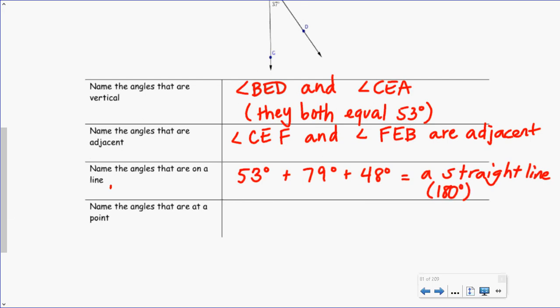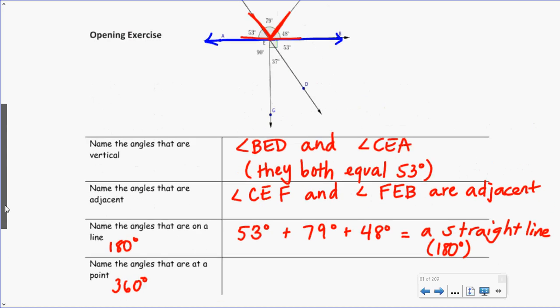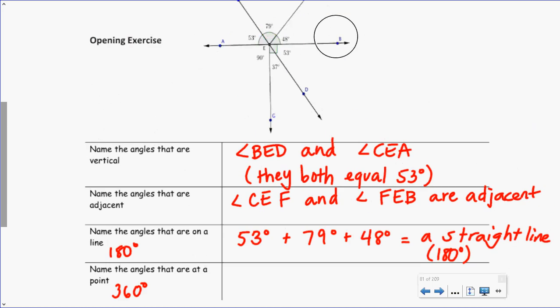Okay, now angles that are on a point add up to 360 degrees. So again, I'm going to kind of clean this up so we can start over. If I'm talking about angles on a point, I'm talking about all the angles going around. Okay, so here's our point E. All the angles going around are 53 degrees, 90 degrees, 37 degrees, 53 degrees, 48 degrees, and 79 degrees.